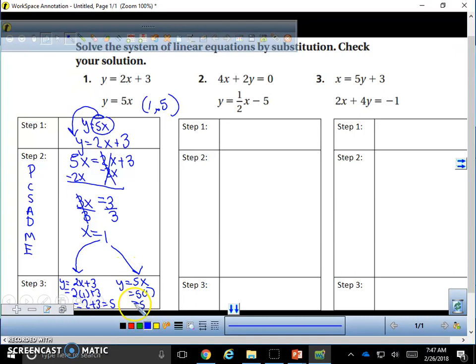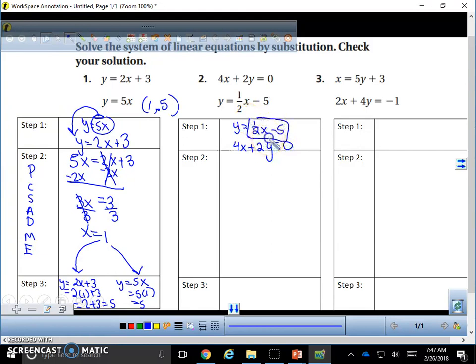All right, example 2. Step 1, get one of them to say x or y equals. Done. I already got one that says y equals 1/2 x minus 5. Our second equation, we are going to plug in what y is, because we have y equals.